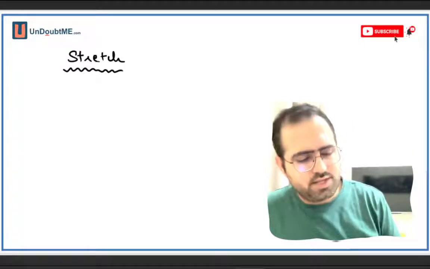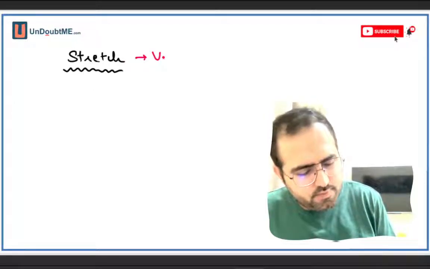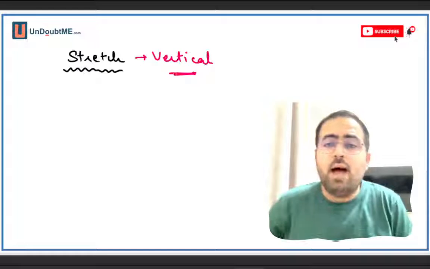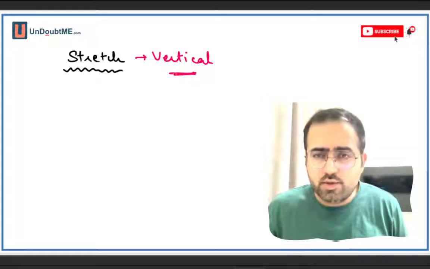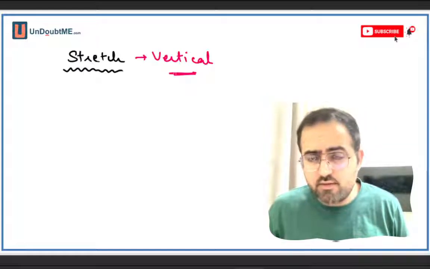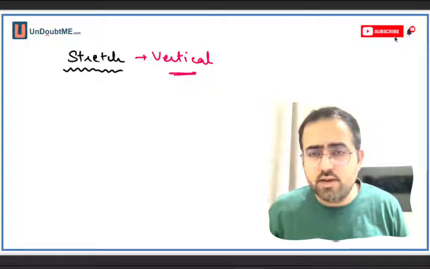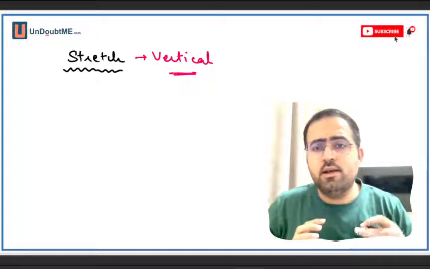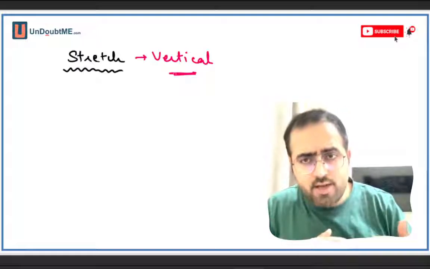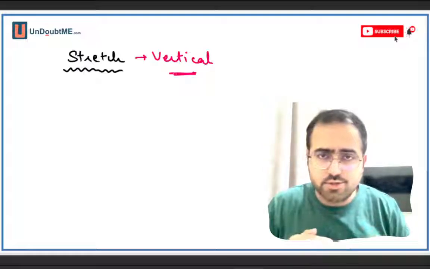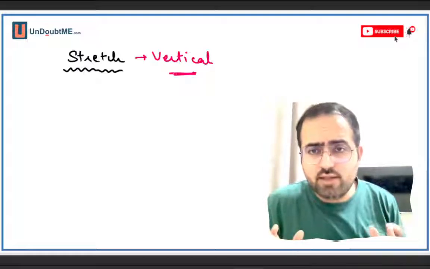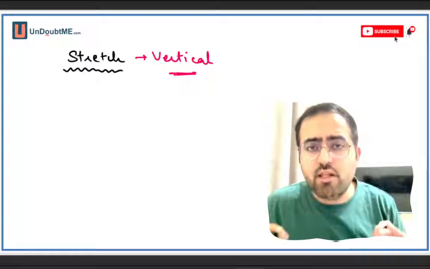In vertical stretch, we are basically amplifying the value. This amplification can take place positively or negatively, so we can even do the amplification in a negative manner, meaning the value can be reduced. As you can see, by value I mean y.